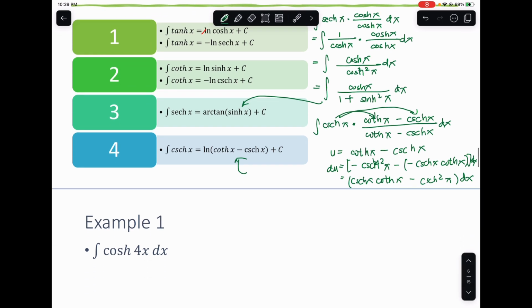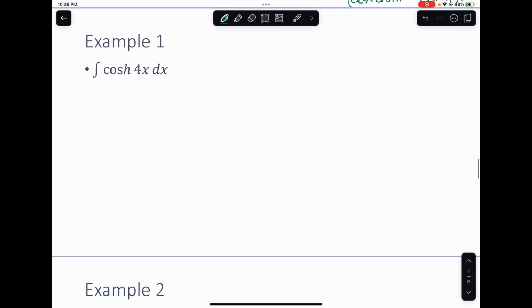So let's proceed with our examples. For our first example, this is a direct application of the integral of hyperbolic cosine. The integral of hyperbolic cosine is hyperbolic sine. But then we just have to let our u be 4x, and then our du will be 4 dx.